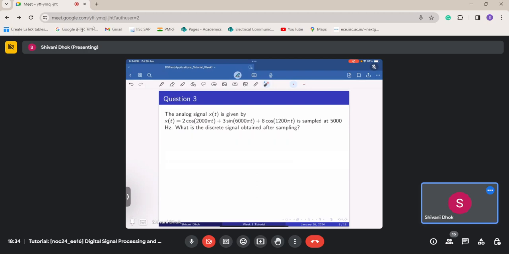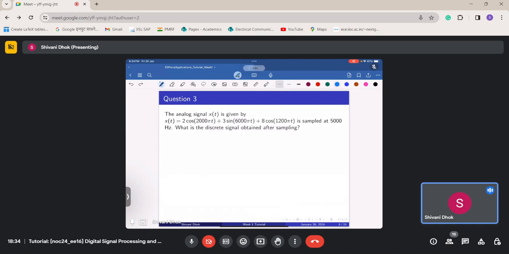Okay. So the next question says the analog signal x(t) is given by x(t) = 2 cos 2000 pi t + 3 sin 6000 pi t + 8 cos 1200 pi t, and it is sampled at 5000 hertz. What is the discrete signal obtained after sampling?